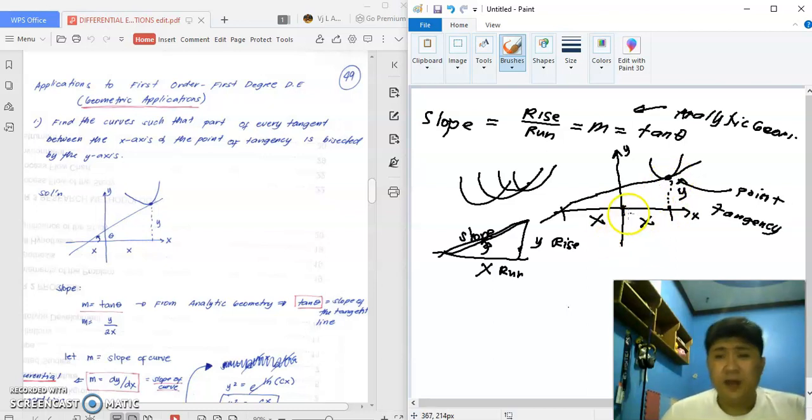So from there, as I've told you, our slope in analytic geometry is equivalent to rise over run.